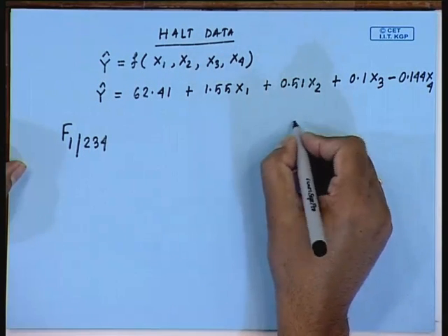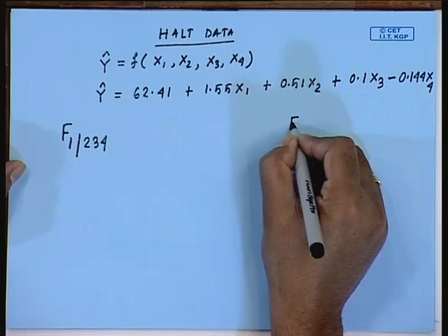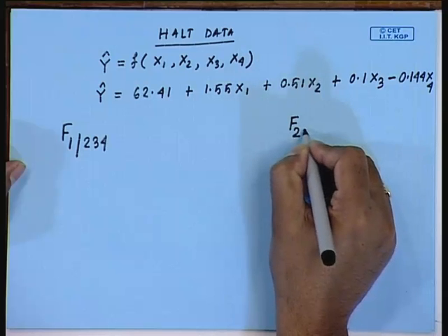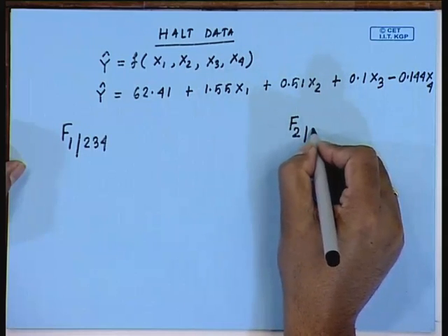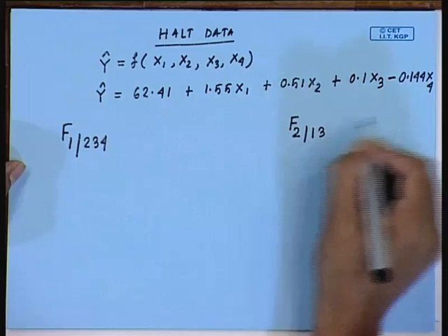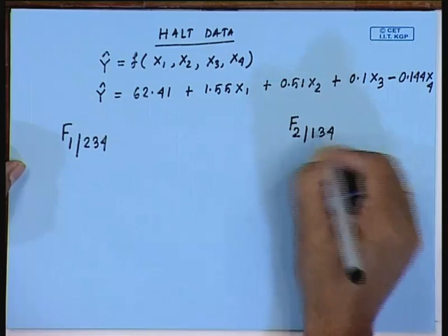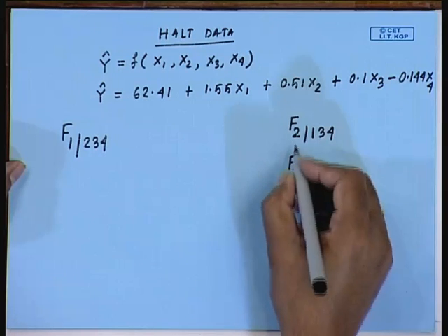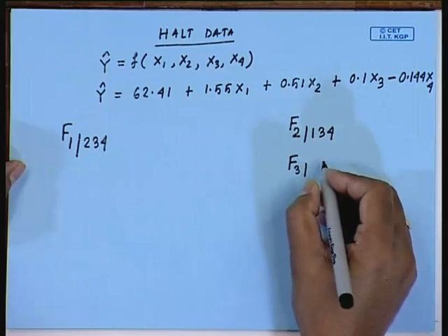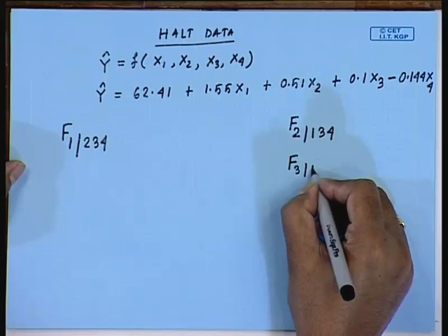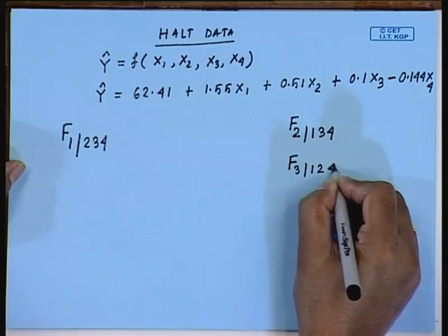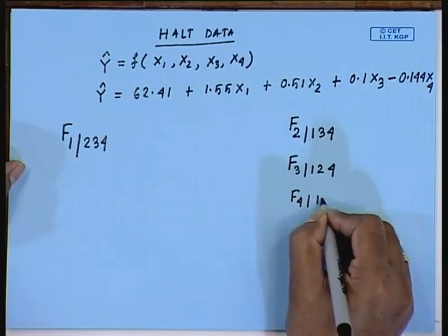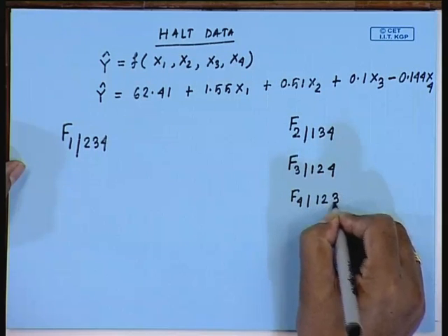Similarly, we will compute the partial F statistic associated with x2 in the presence of x1, x3 and x4 in the model, and also for all the regressors. Okay. So, we will compute F3 in the presence of 1, 2, 4, we will compute F4 in the presence of 1, 2, 3.